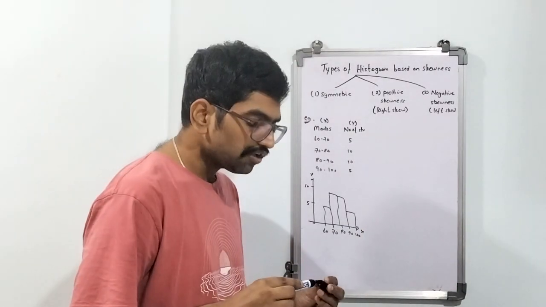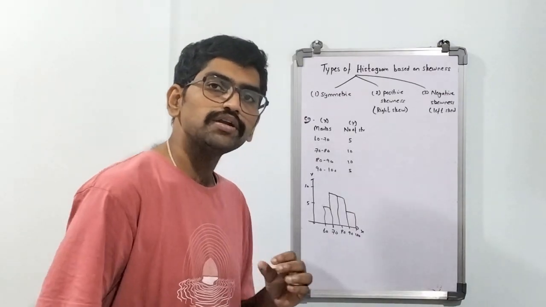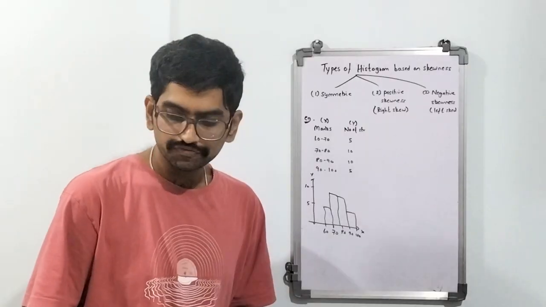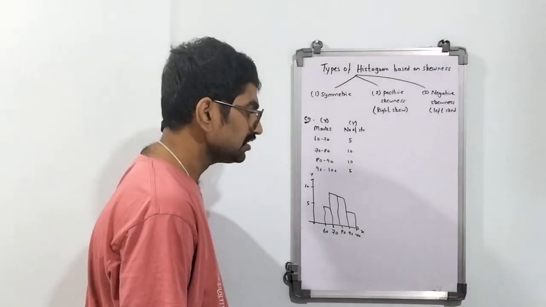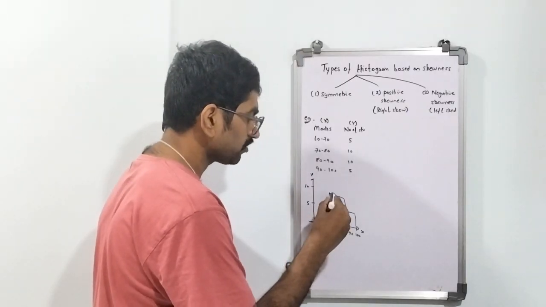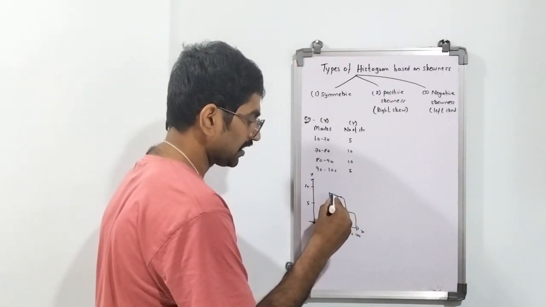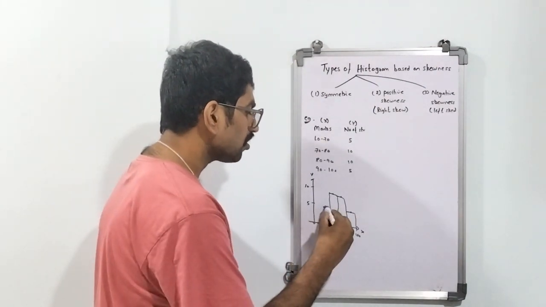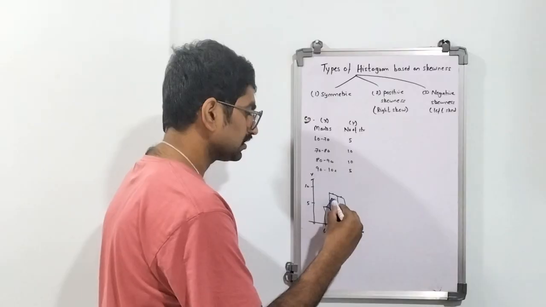Correct. Now here we are going to learn a new concept called the density curve. What is the meaning of density curve? Density curve means from the top center point of these bins, you try to draw a line. So here you will get a line like this.